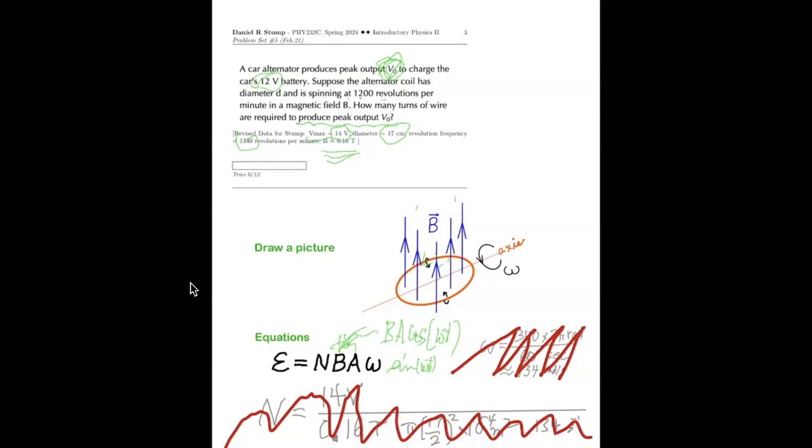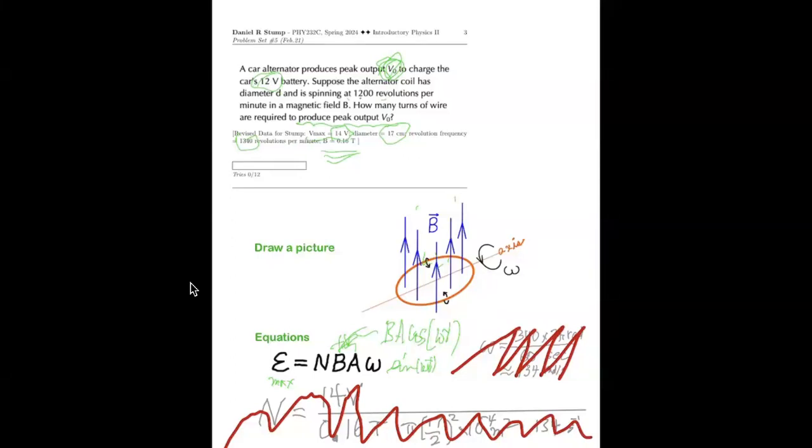It alternates between this positive value and the negative value, as the sine alternates between +1 and -1. So this formula in black would actually be the maximum electromotive force. That occurs when the sine is 1 or -1.